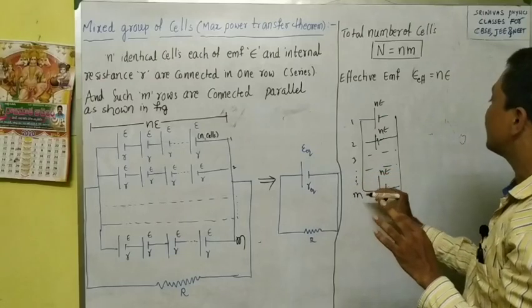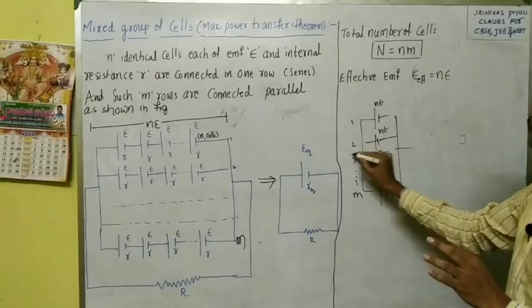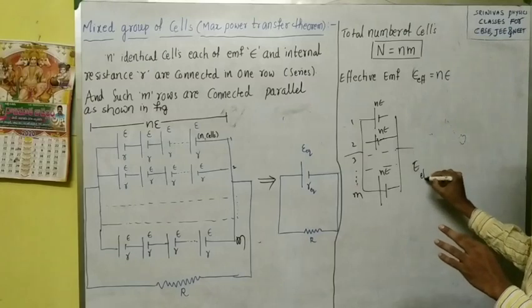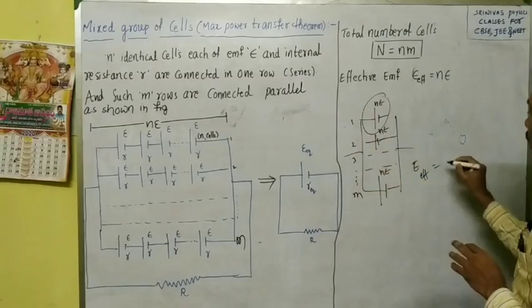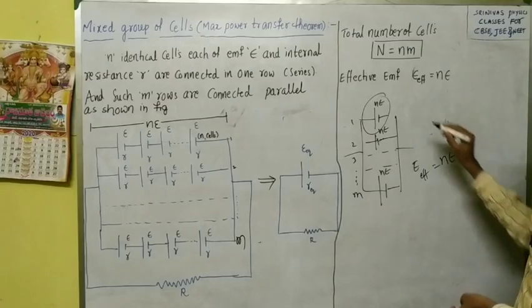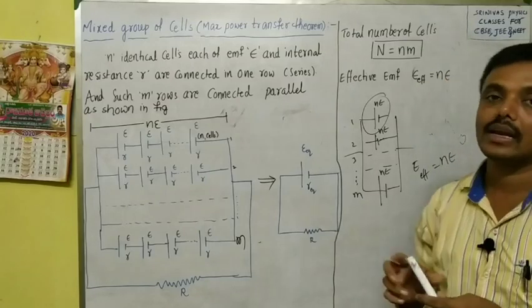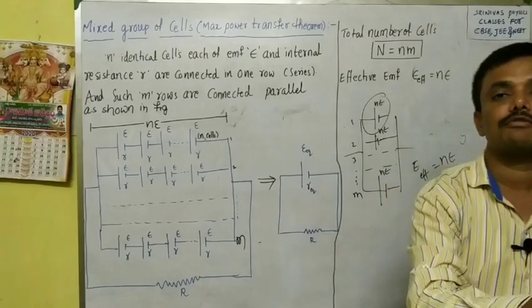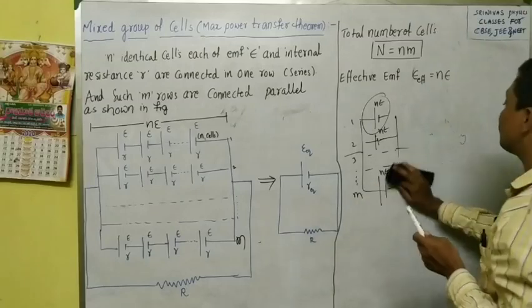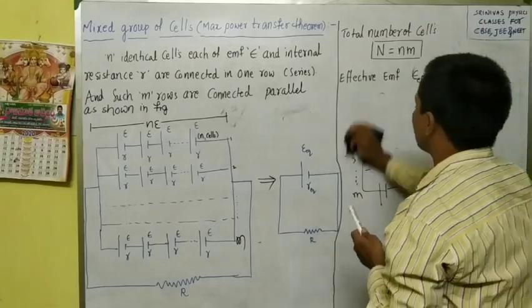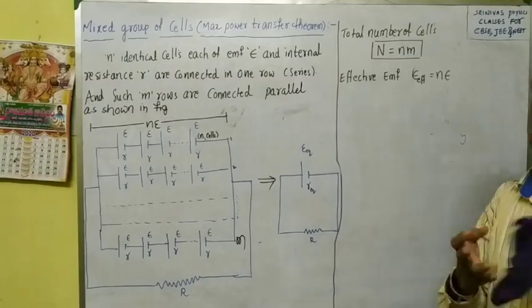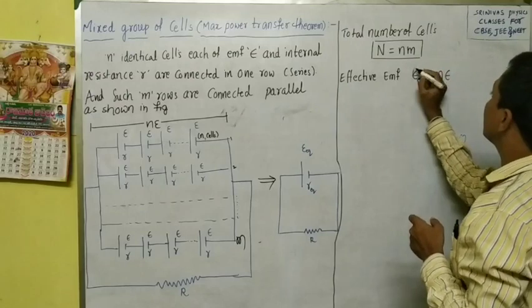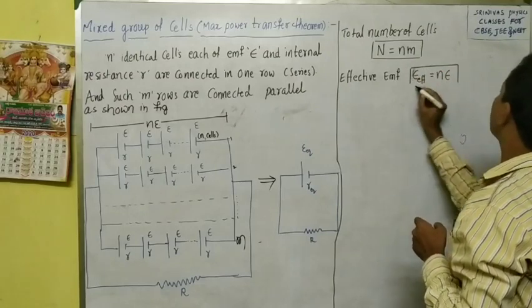In this case, in parallel, the effective EMF is equal to the EMF of only one row. That is nE. That means the effective EMF is not affected by the number of rows. Whatever the value of the number of rows m, the effective EMF is equal to only nE.